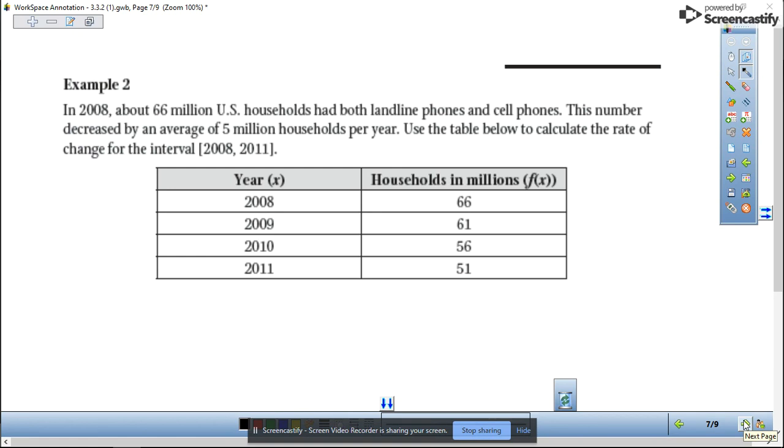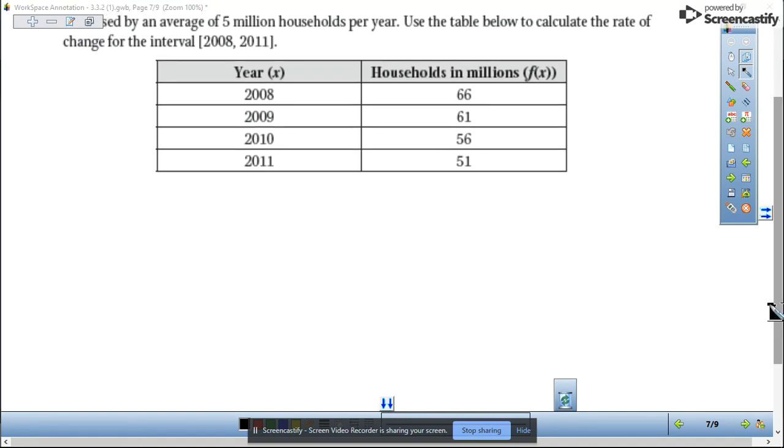Alright, so example 2. In 2008, about 66 million households had landline phones and cell phones. This number decreased by an average of 5 million households per year. Use that to calculate the rate of change for 2008 to 2011. So, x1, y1, x2, y2. This one was pretty easy. Nice little setup for us.